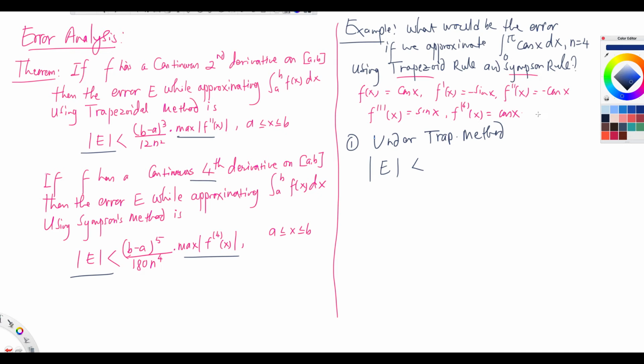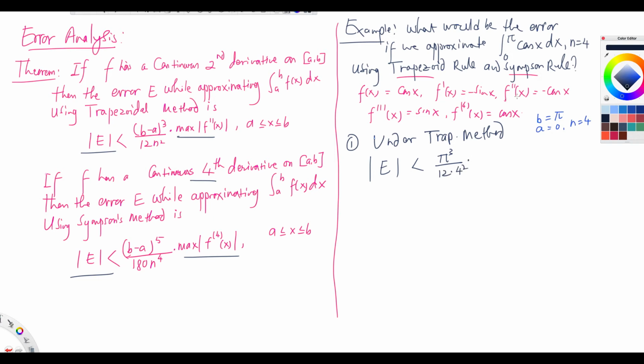Here b is pi, a is 0, n is 4, right? So b minus a is pi minus 0, which is pi, cubed over 12 times 4 squared. You see that?